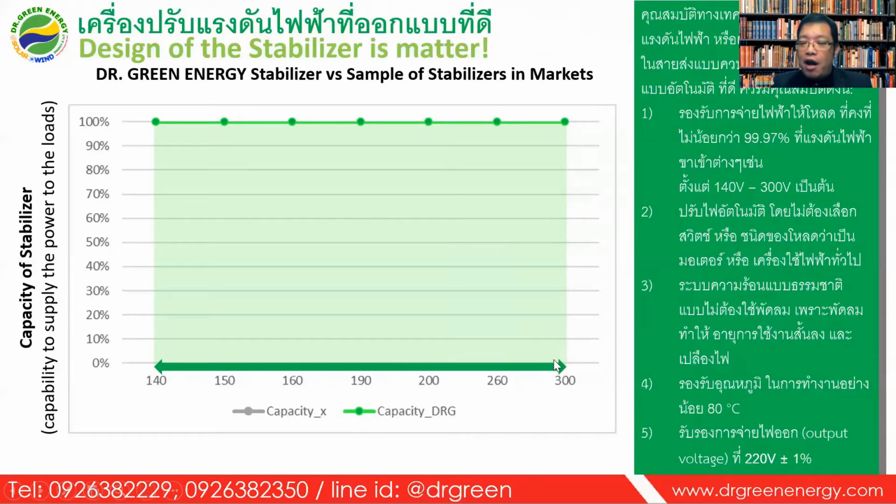Or the other way around, if the voltage goes over up to 300 volts, the capacity should remain the same as well. So in this case, this green area represents that you don't lose any money. So we can consider this stabilizer can provide or deliver very good ROI to your business or your usage.